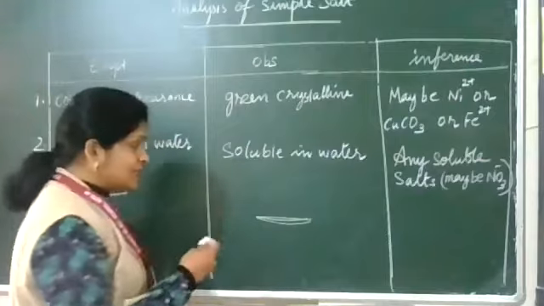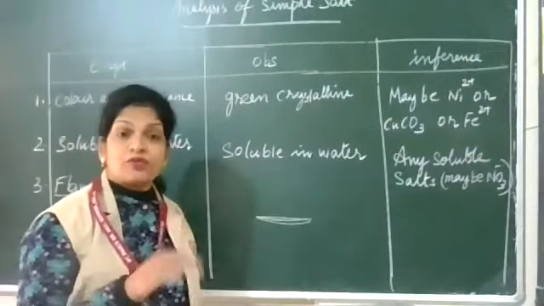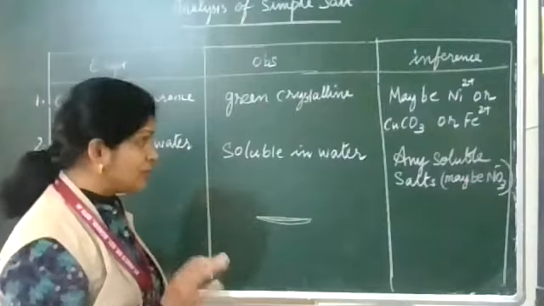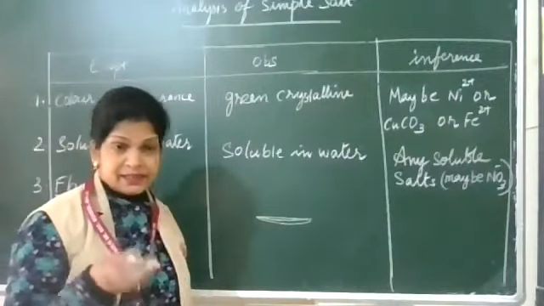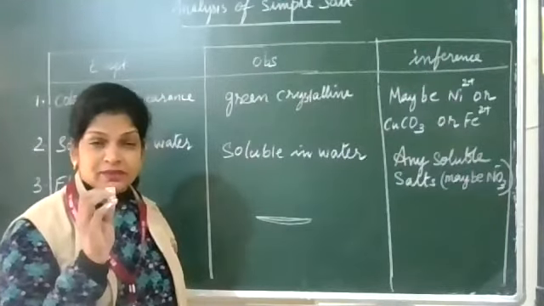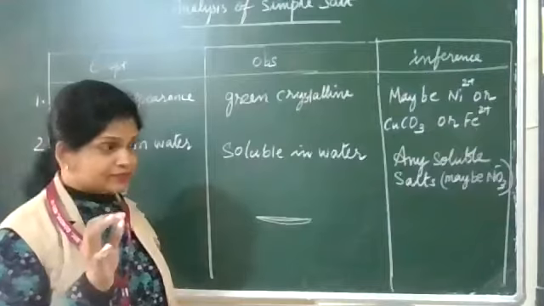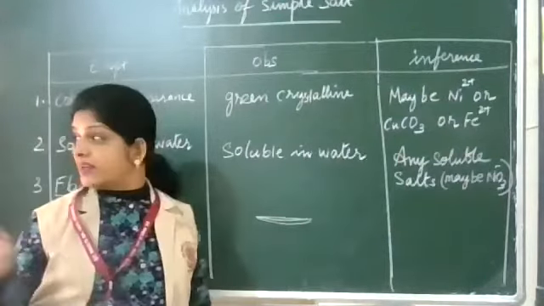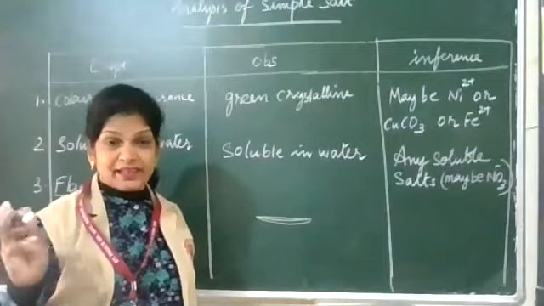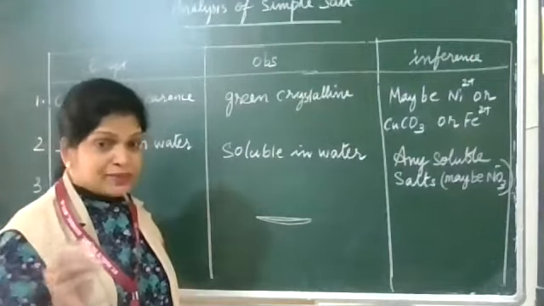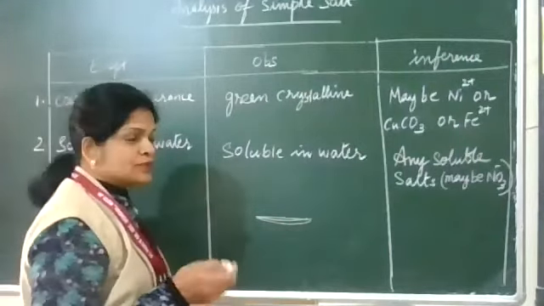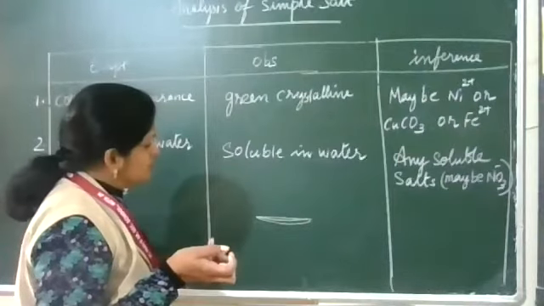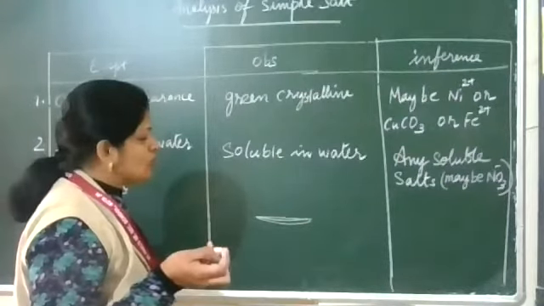So we are converting that salt into its chloride form. You are supplied with nickel sulfate, green crystalline, emerald green, small crystals.